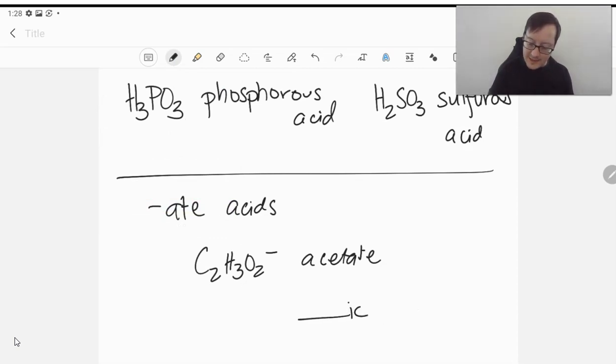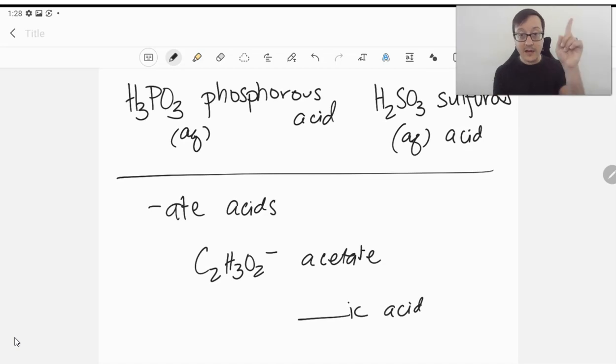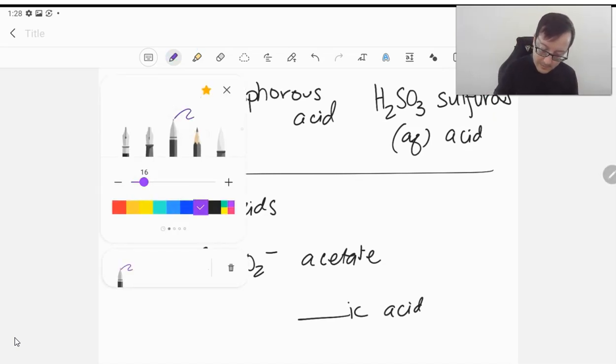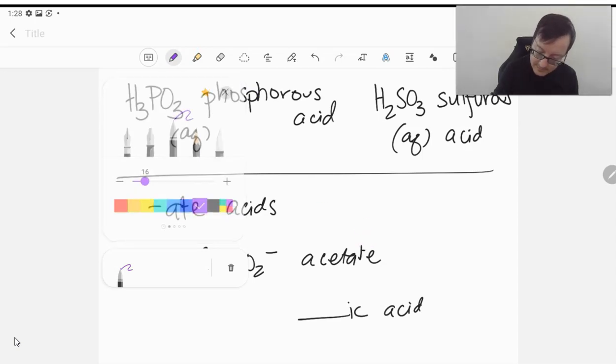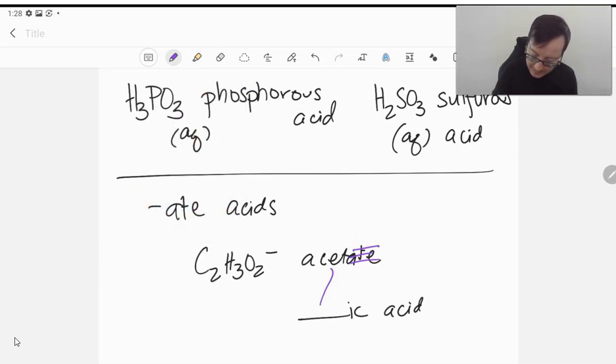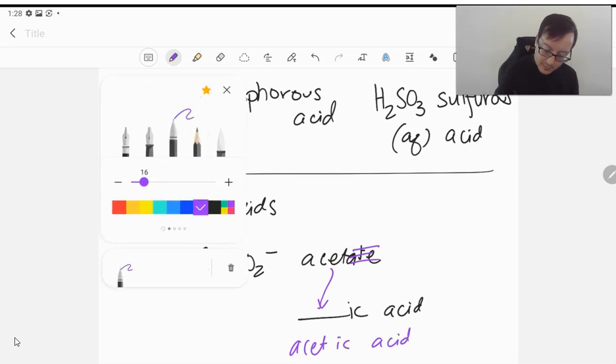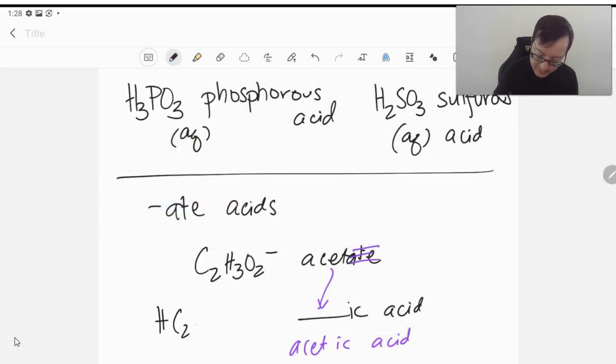So again, I need to put the aqueous up here, don't let me forget that. No hydro this time. So we're not going to say hydroacetic acid, just acetic acid. So we get rid of the ate, put everything else in there. So the acet, acetic acid. And of course the formula for that is going to be, put the H in front.